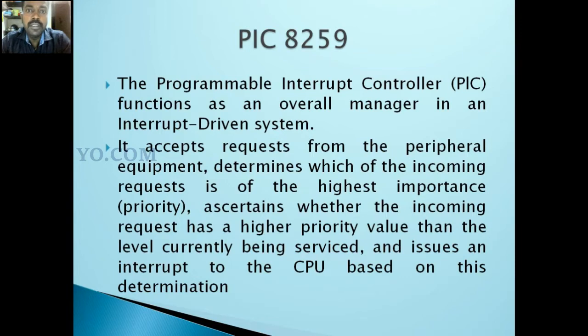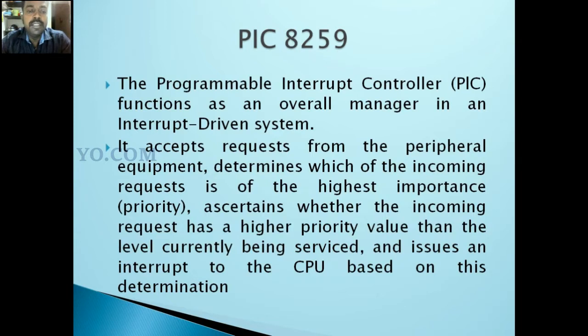So to increase the number of interrupts, we use another interfacing IC, the 8259 Programmable Interrupt Controller, in short PIC. Okay, right. It acts as a manager in an interrupt driven system.